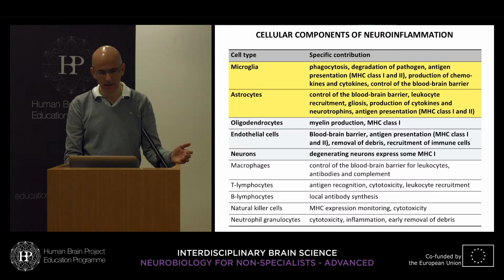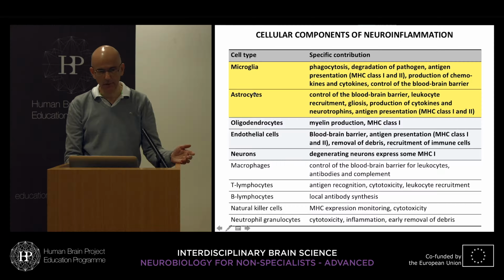Microglial cells are the tissue-resident phagocytes or macrophages of the central nervous system, and their specific contribution to an inflammatory reaction is phagocytosis, the degradation of pathogens, antigen presentation by major histocompatibility complex class 1 and class 2 antigens, the production of chemokines and cytokines, and the control of the blood-brain barrier.